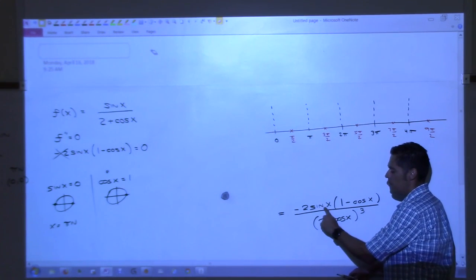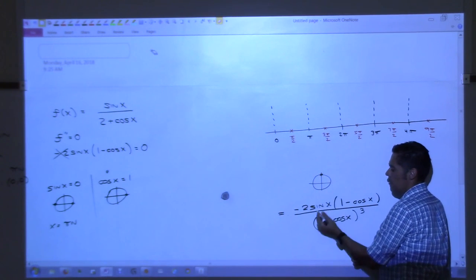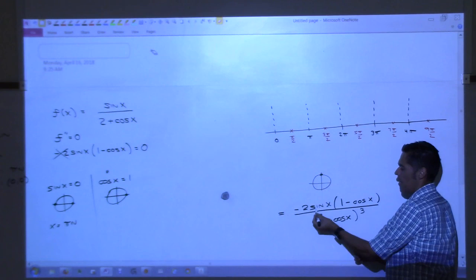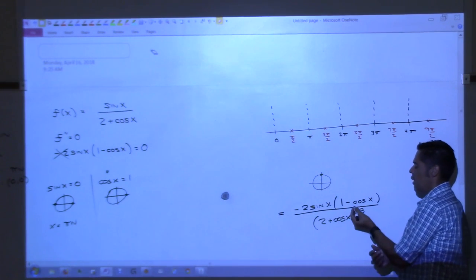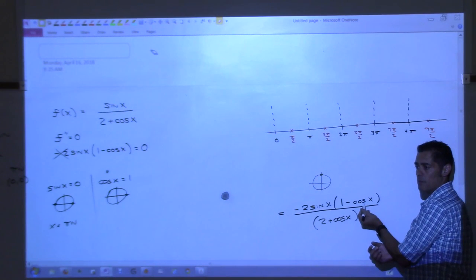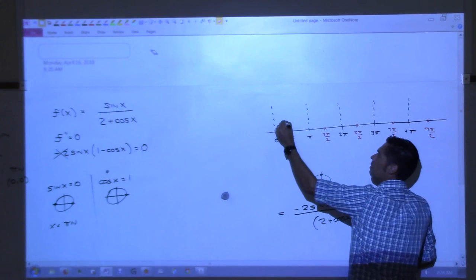What is sine of pi over 2? So you got to think about what's happening at pi over 2 here. Sine of pi over 2? 1, right? So we have here -2. And then here, what's cosine there? 0, so that's just a 1. So you have -2 times 1, which is negative. Concave down.